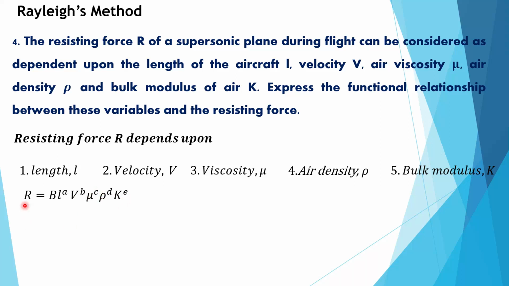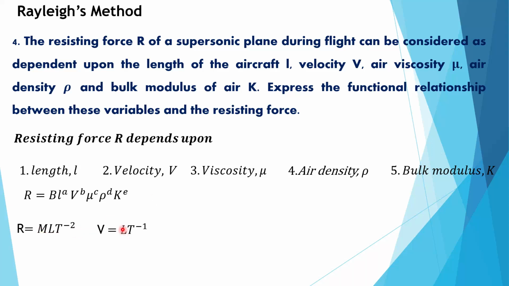Now I'll write all the parameters in terms of M, L, and T form. R is resisting force. Force is mass into acceleration. Acceleration L into T power minus 2. Mass is M, so M L T power minus 2.